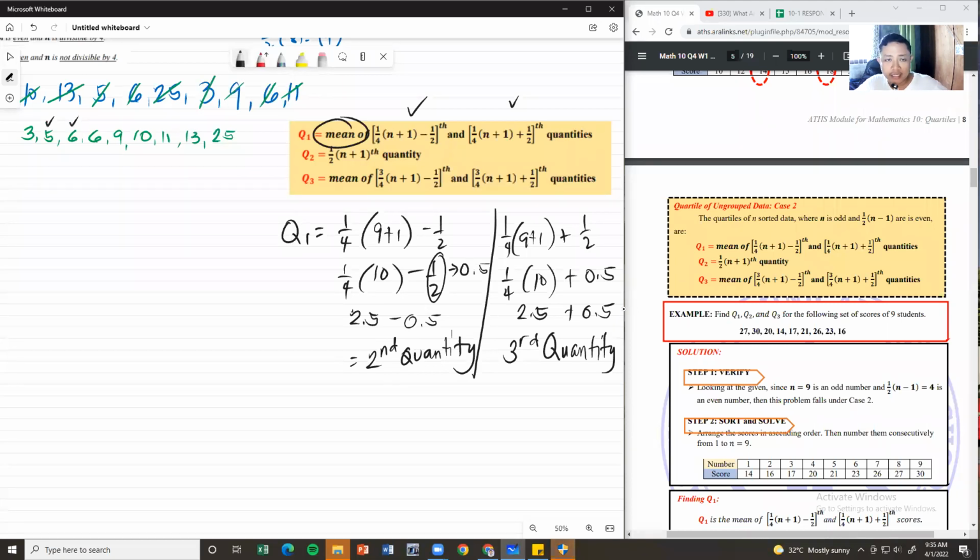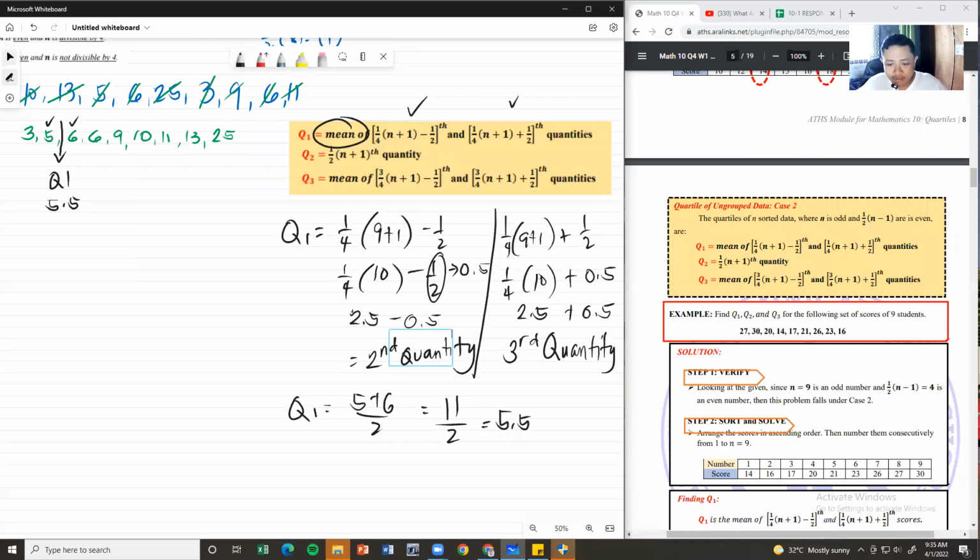So let's get the mean of 5 plus 6 divided by 2. 6 plus 5 is 11, divided by 2. Sorry, it's not 10.5, but 5.5. So our first quartile is equal to 5.5.